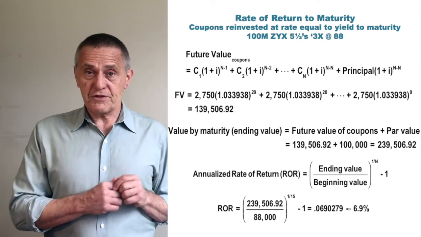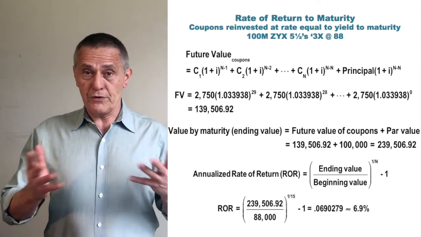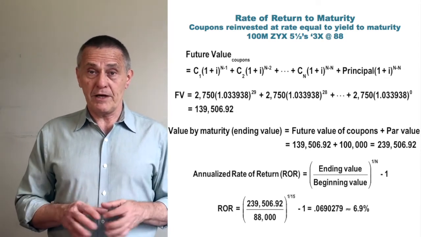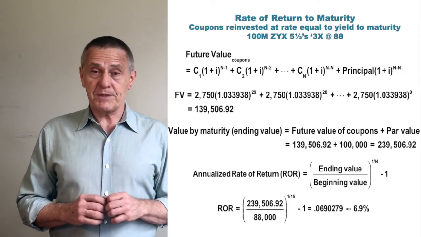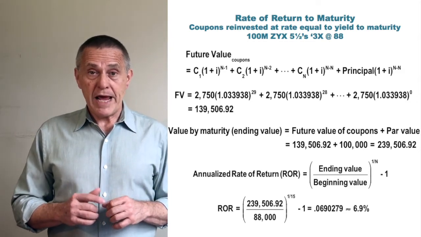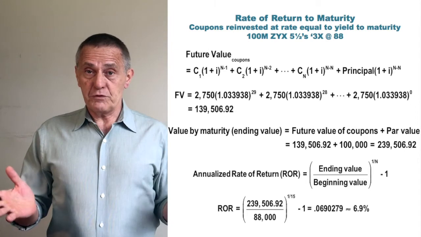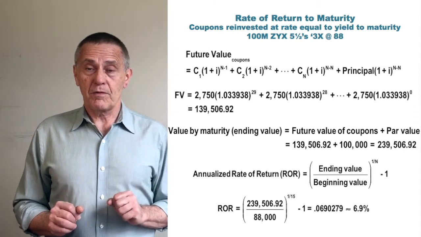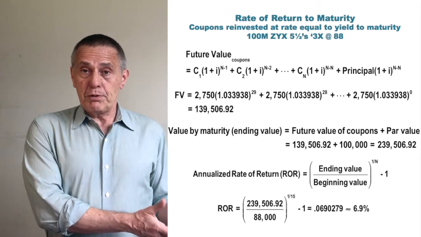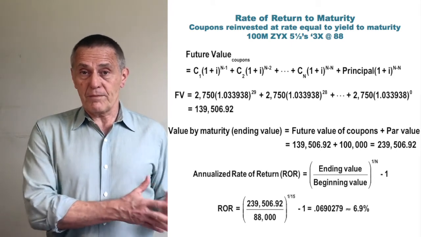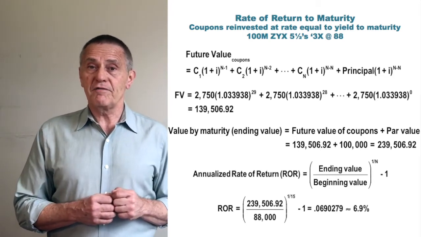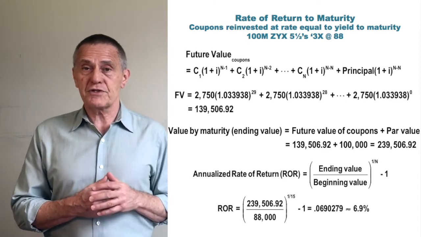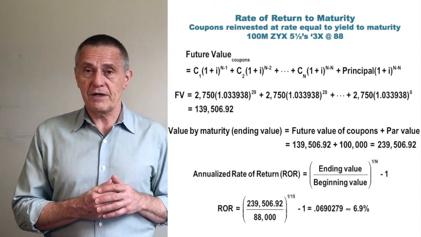So what I described as the future value of the coupons would be all the coupons plus reinvestment income given the reinvestment assumption just made. Adding to that amount the future value of the principal at maturity, which is just the face amount of the principal, that can be plugged into the rate of return formula as is shown at the bottom of the calculations on the right-hand side of the screen.